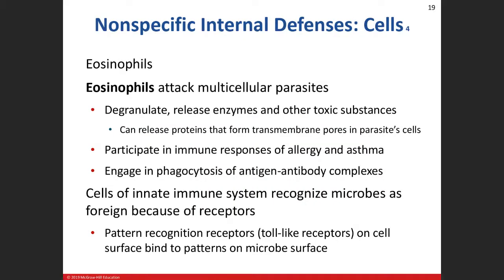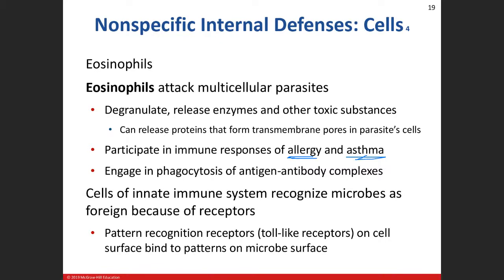Also, when we see elevated numbers of eosinophils, you are thinking allergy, and asthma is an allergic, I shouldn't say it's just an allergic reaction, but a lot of allergy causes are an allergic reaction to something.